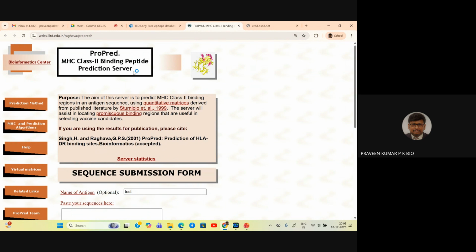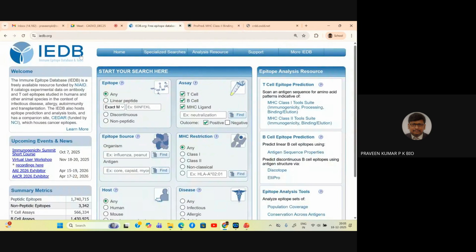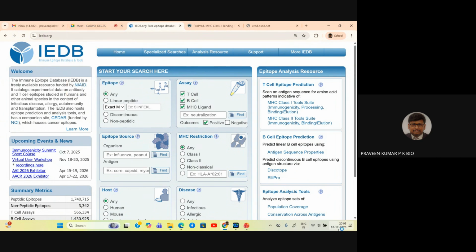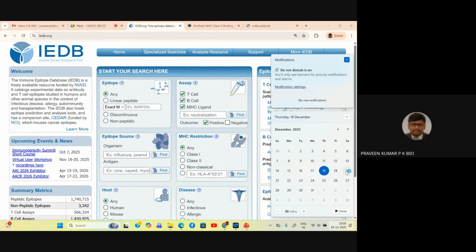This is a T cell epitope prediction server. Like this, he has developed tools for B cell and other applications. To discuss more about these kinds of servers, an Indian-based server and the most popular server of immunoinformatics databases, we'll be meeting on Saturday, that is on the 20th.